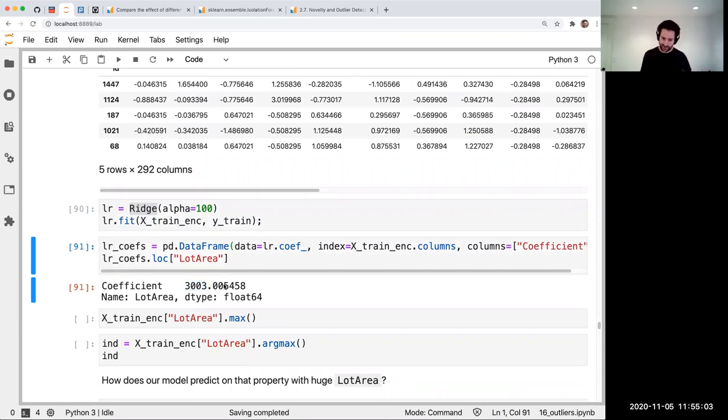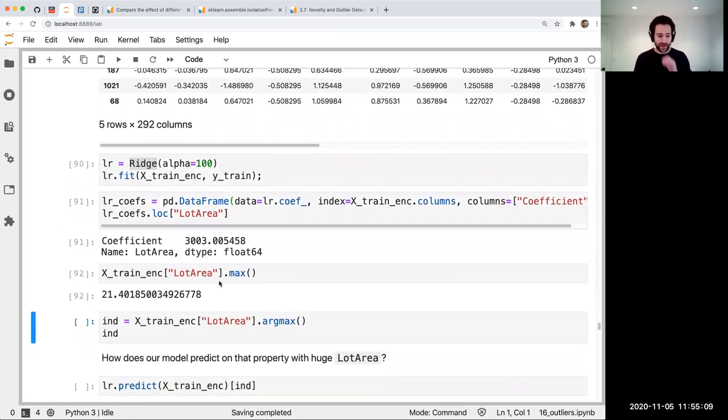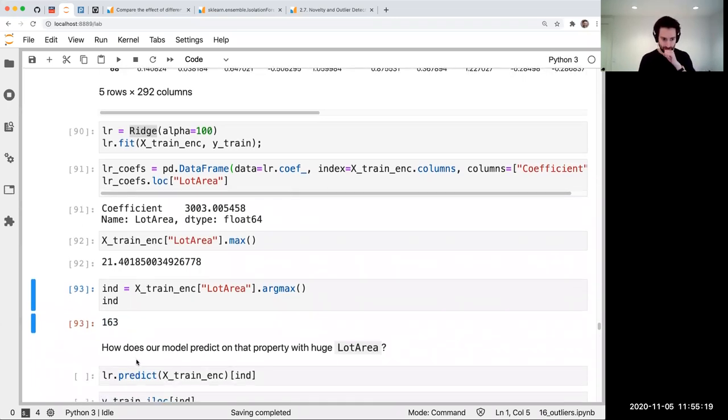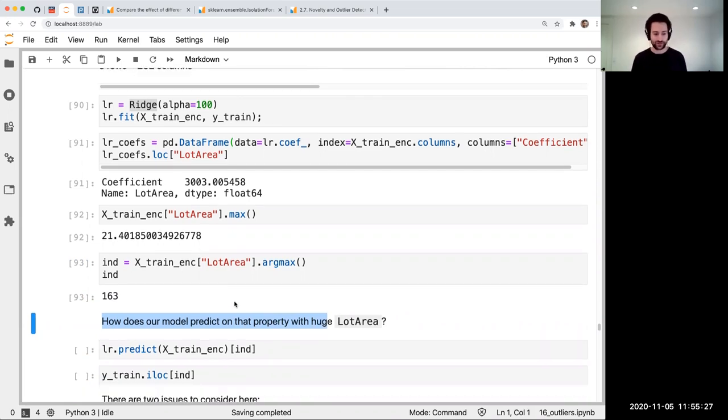And we talked before about the scaling and how to interpret this with the units and all that kind of stuff. And the largest lot area, as we talked about before, is about 20 standard deviations above the mean. And that happens to be training example number 163. So how does our model predict on that property number 163 with the huge lot area?